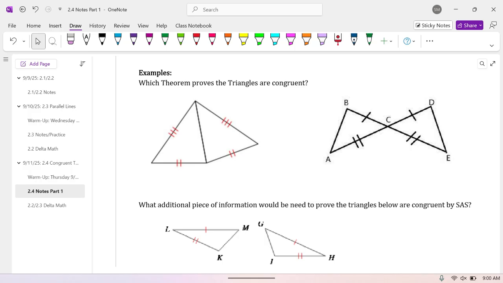There's nothing that we can do to prove otherwise. But why else? Because I only have two sides that are marked congruent. Right, they share a side, so we can assume by the reflexive property, it's SSS.